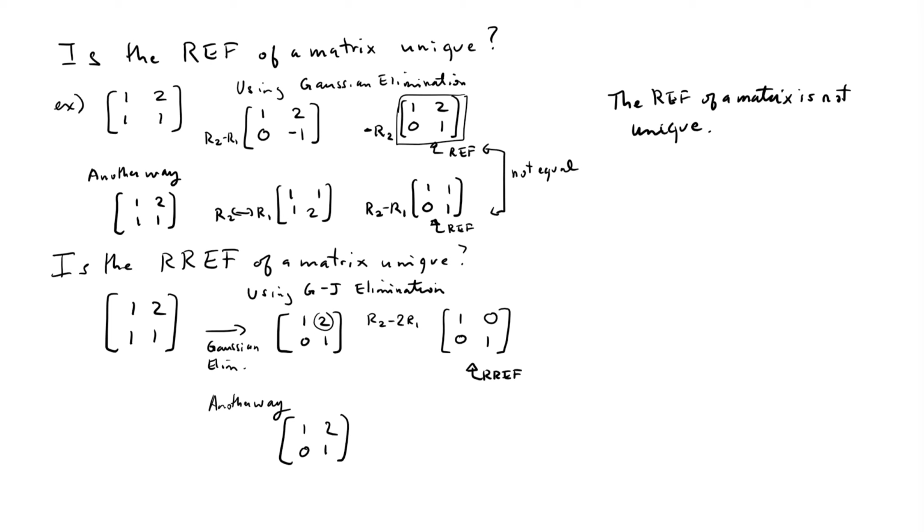Let's say I do 2 row 2. I'm going to get this, and then maybe I do row 1 minus row 2. I get this. And then finally I do 1/2 of row 2. I get that.